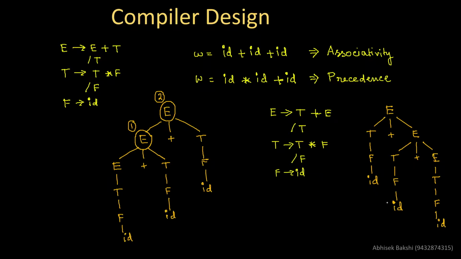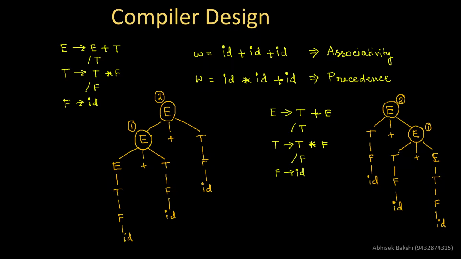But one thing you see, in this case it is definitely not possible to compute until you compute this E. That means this E will be computed first, this E will be computed second, and this E is associated with the plus which is present in the right side of the expression.